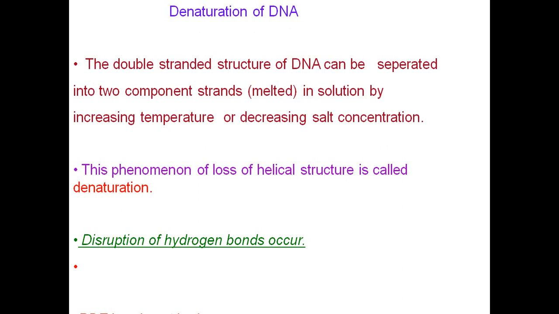So denaturation of DNA means the double stranded structure of DNA can be separated into two individual strands. That is what is called melting of DNA. This can take place by increasing the temperature where the DNA is present, or by decreasing the salt concentration.